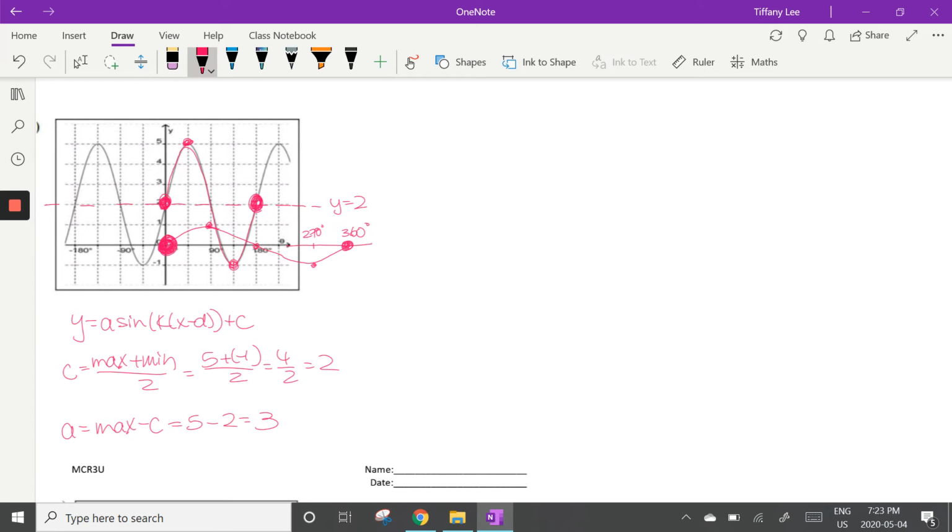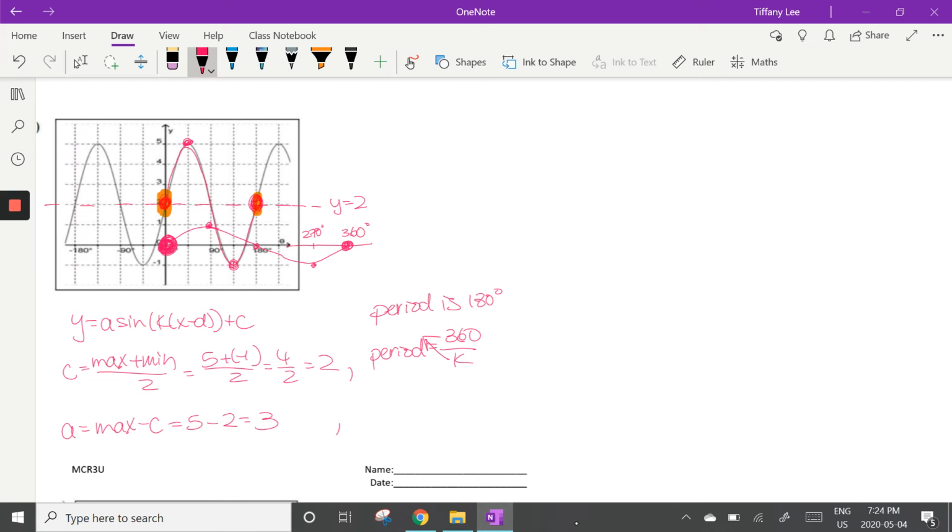We can solve for k. So period equals 360 over k. Let's solve for our period first. So start here, that's 0 degrees, and end here at 180. So my period for this graph is 180 degrees.